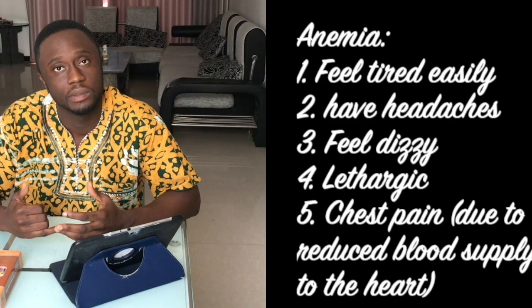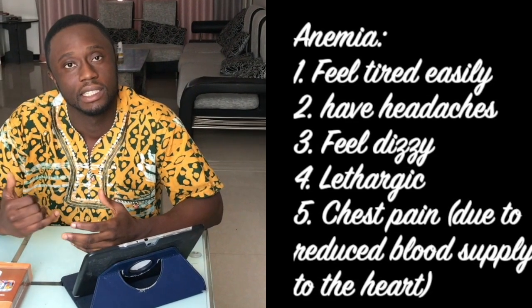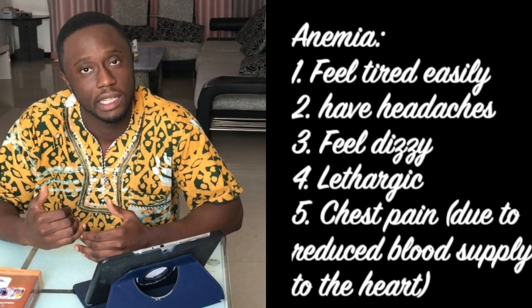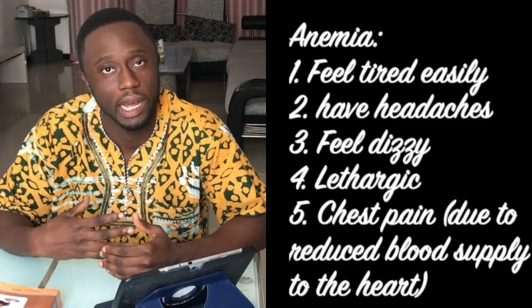That means I'll have a reduced amount of hemoglobin in my blood, and I won't get enough oxygen to other parts of my body. So you have the signs of anemia in the person. They'll be tired easily, having headaches, feeling dizzy, lethargic, and sometimes they can even have chest pain because of the reduced blood supply to their heart. They will also show signs like jaundice, and their eyes will be pale.